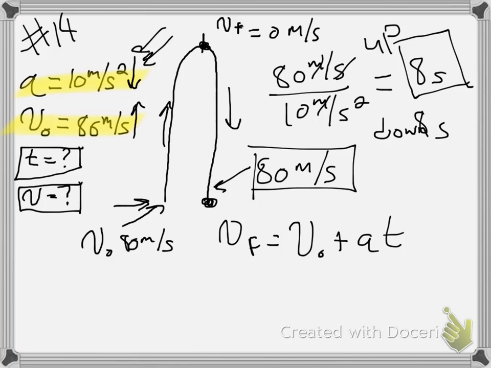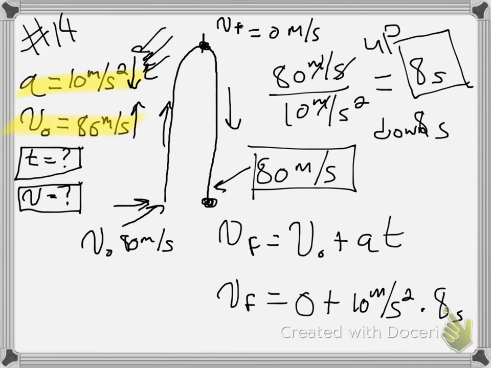Your initial velocity at the very top of the trajectory is 0 meters per second, and your final velocity is what you want to find out. So VF equals 0 plus, what's the acceleration? Right here. Multiplied by time, which you figured out is 8 seconds. Ten times 8, 80 meters per second.